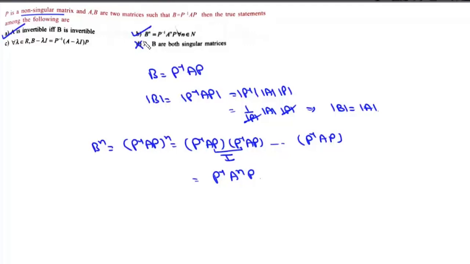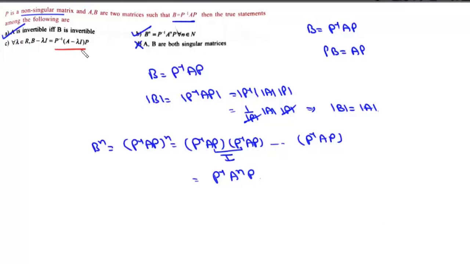Now if we look at C, this C is actually the characteristic equation of A and B. Now we can write this B equals P inverse AP as PB equals AP.